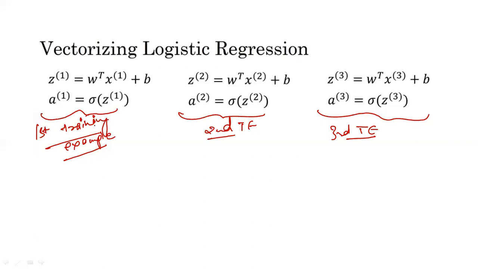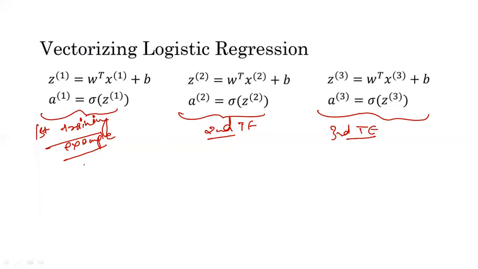Okay, so now we have already studied in the first 2 lectures of this video lecture series that we have taken an example of an image where we were classifying whether that image was an image of a cat or not. So basically that problem was of logistic regression, and further what we have done in that example is that we have converted that image in the form of an input vector.